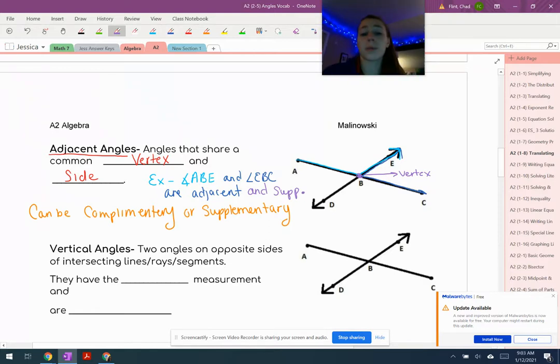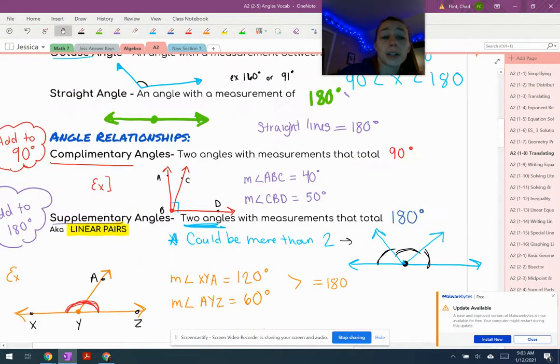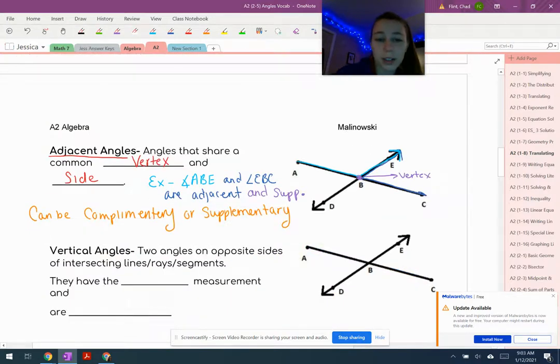I'm just going to abbreviate supplementary there. So the fact that they're adjacent doesn't really tell us anything. That doesn't help us. But the fact that they're supplementary tells us that we can use that 180. So it's more important to realize about supplementary and complementary than it is adjacent.